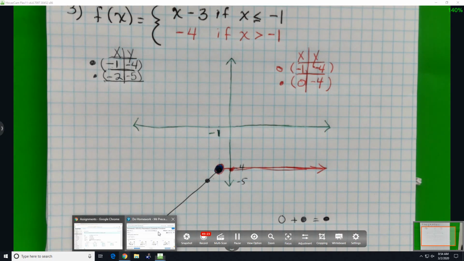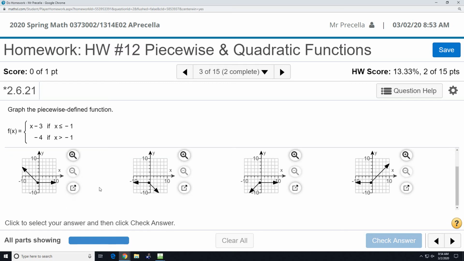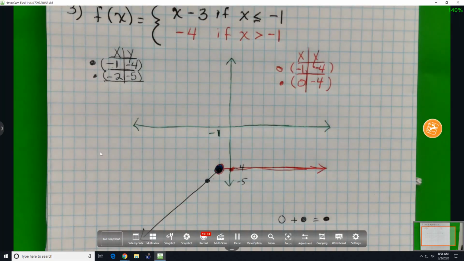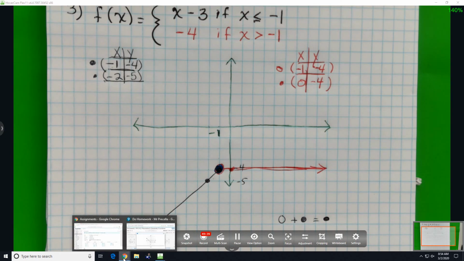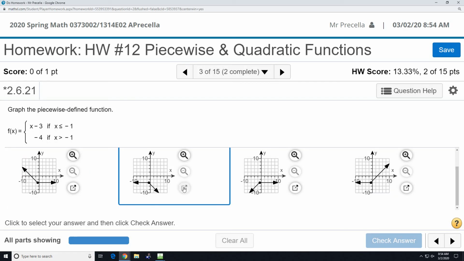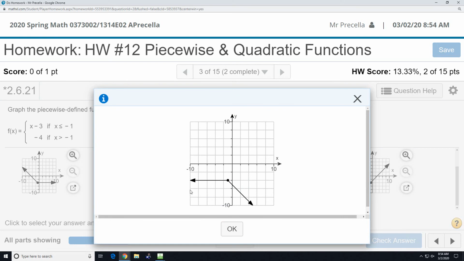Okay, let's choose the correct graph. Let's see. Is it that one? Oh, did y'all finish? Yes? Because y'all got to be looking at that to tell me which one. Was it this one? No. This one?